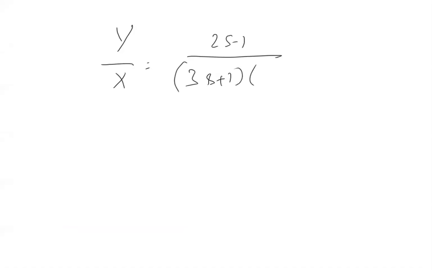So what is y by x? It is (2s minus 1) by (3s plus 1) into (4s plus 1). What is x? 1 by s.